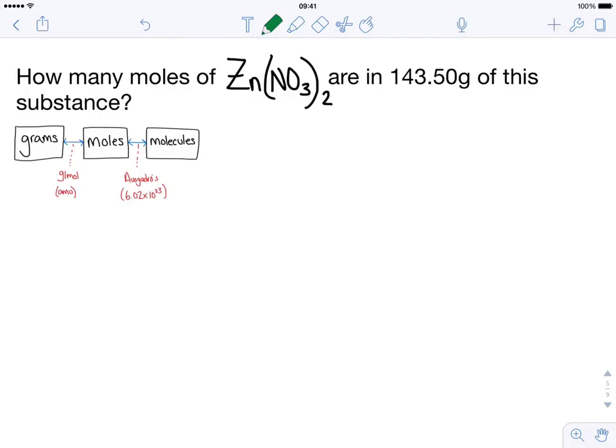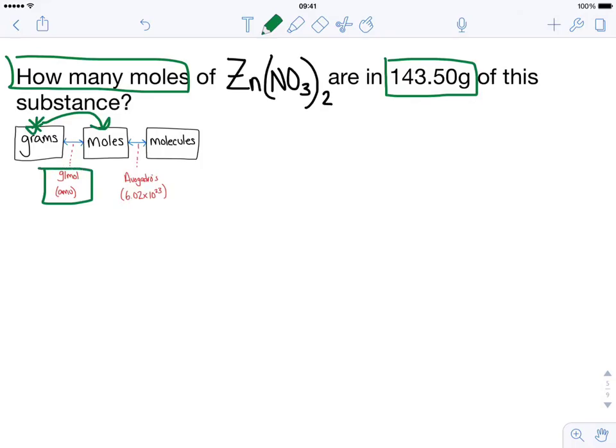Now again, let's just take a second to figure out what we are given and what we are being asked to find. So it looks like here we're given an amount in grams. So grams is going to be our starting place. And the question is asking how many moles. So we want to convert from grams to moles, and we do that by using this molar mass relationship.